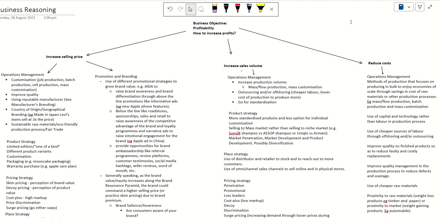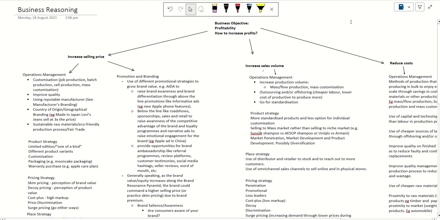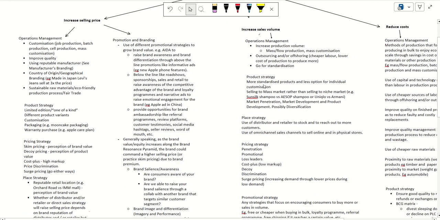So that's the main difference between the two. But you notice profits is still the common thing between the two, because without profitability, you cannot have operations for the long term.